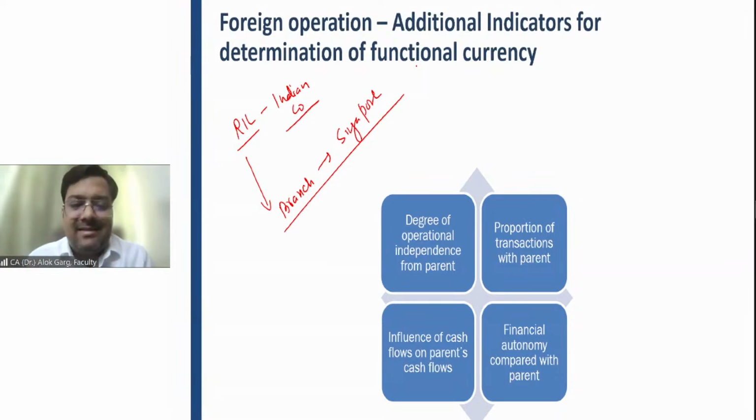Now the question arises, what is the functional currency for this branch? RIL is an Indian company, and it has opened a branch office in Singapore for facilitating the sales and recovering the collection, right? So this branch is for the expansion of business in Singapore.